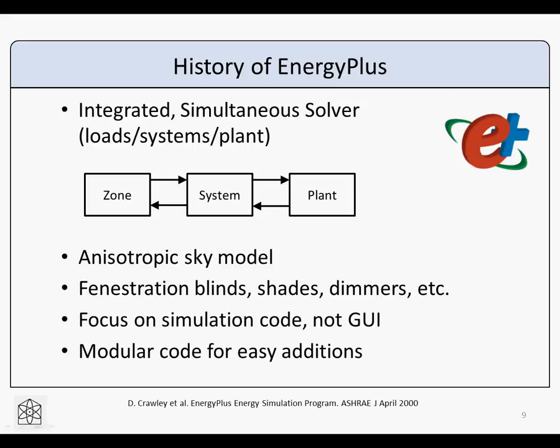EnergyPlus has a lot of nice features for fenestration and blinds and shades and dimmers and such. It's also integrated with the tool called Radiance in OpenStudio, which is really great because you can get very accurate models of daylighting and the loads that you experience from solar loads through the windows.